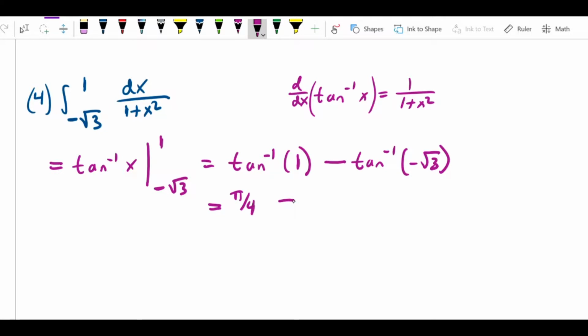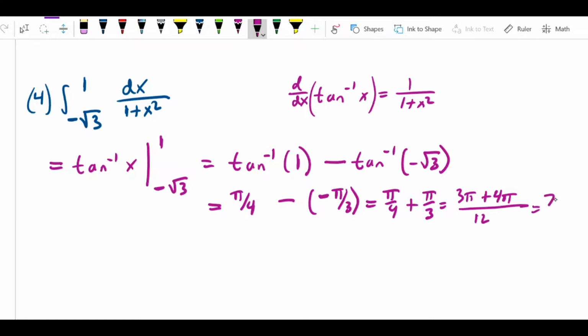and arctangent of negative root 3 is negative pi over 3. So that's going to give us pi over 4 plus pi over 3. Common denominator looks like it's going to be 12, so that'll be 3 pi plus 4 pi over 12, which is 7 pi over 12.